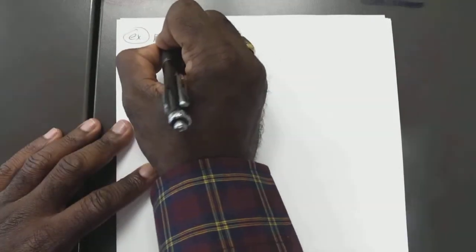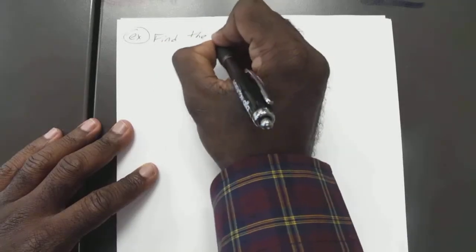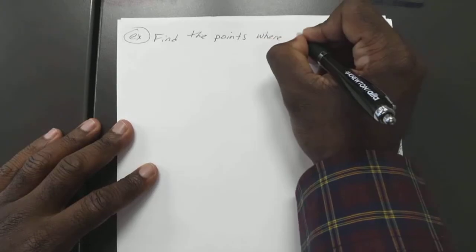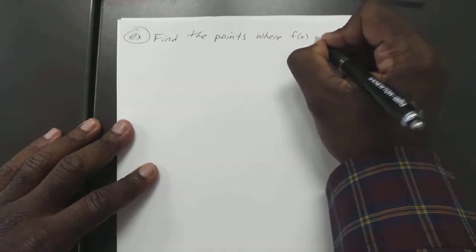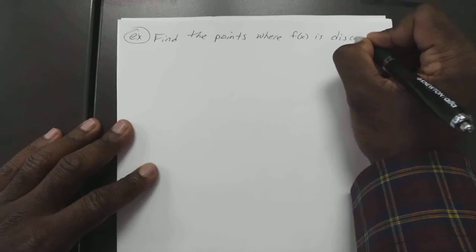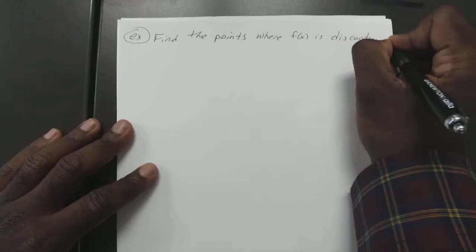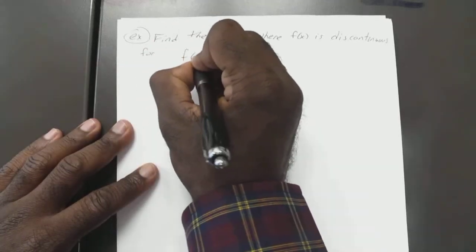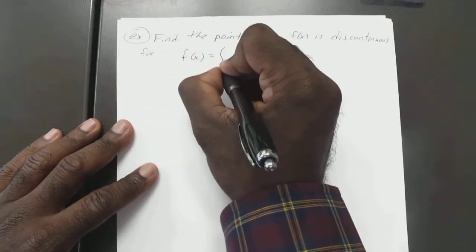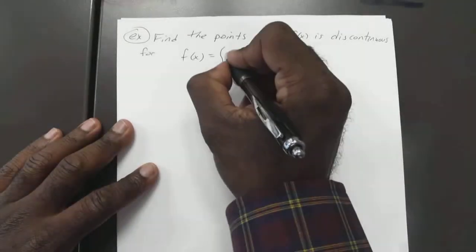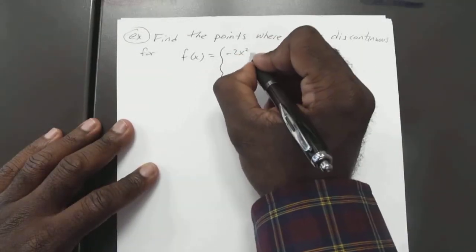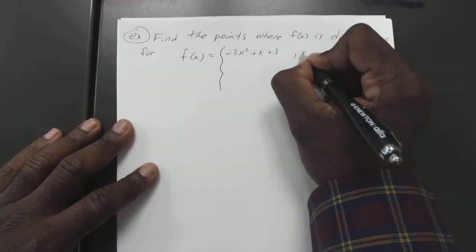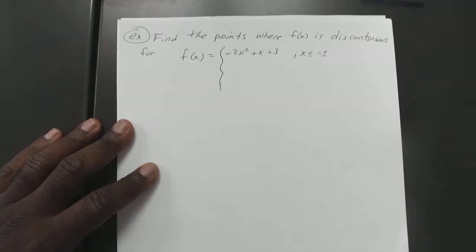So if we wanted to find the points where f of x is discontinuous, let's say our f of x here is equal to negative 2x squared plus x plus 3, for x is less than or equal to negative 1.